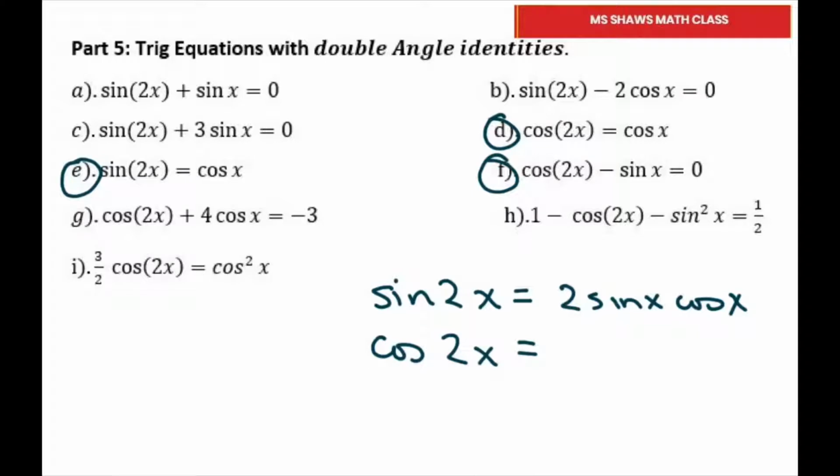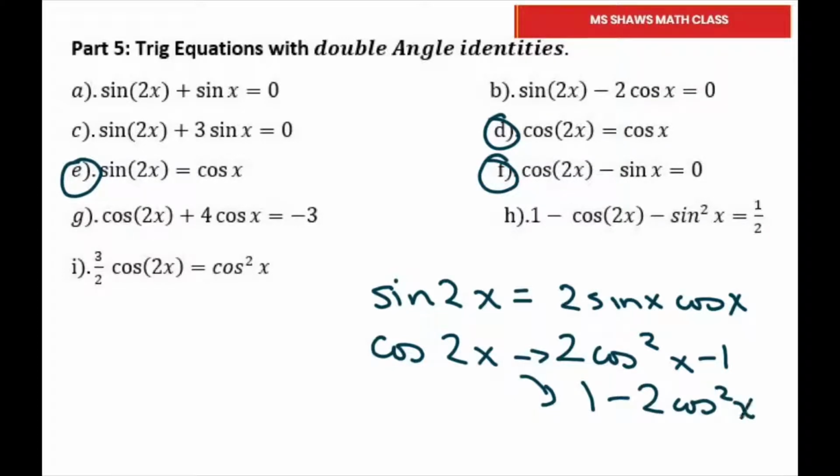There are three, but we're going to use either 2 cosine squared of x minus 1, or 1 minus 2 sine squared of x.